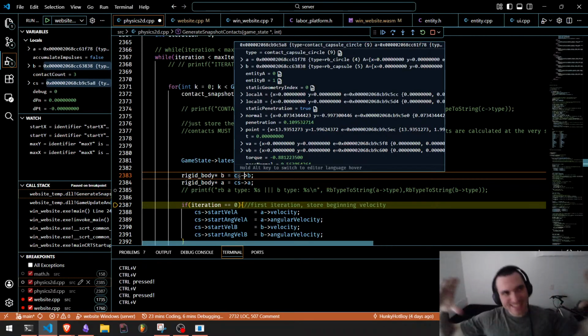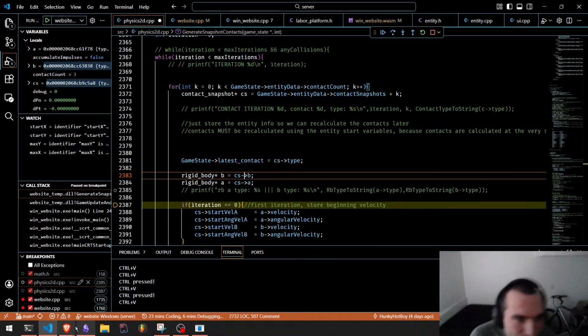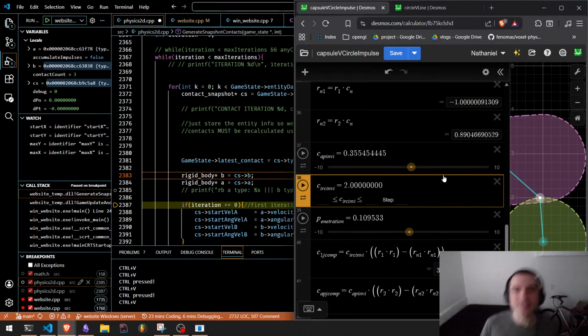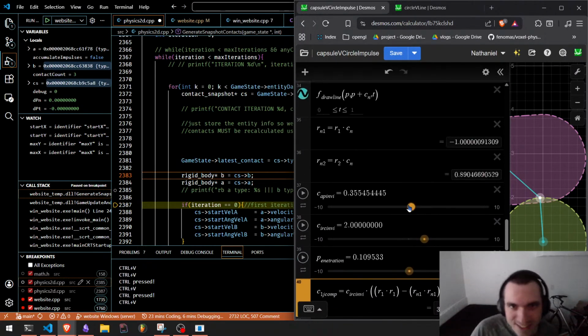The moment of inertia depends on how much of your mass is distributed outward away from your center of mass. I could do a demonstration if I had a little spinny chair. You can look it up on Wikipedia or whatever. But anyway, the inverse inertia for the circle is that. Okay. That looks realistic enough.